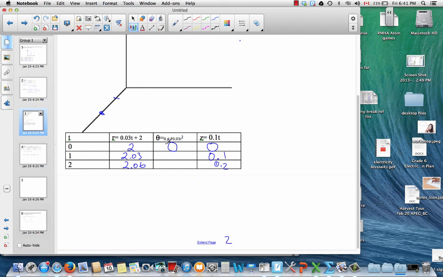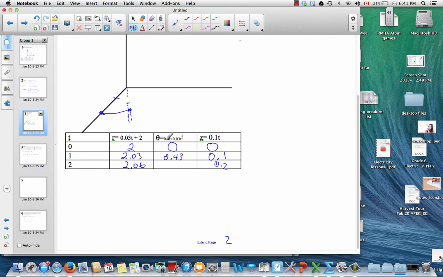Then at time 1, theta is 0.43, so that's about 24 degrees or so, so it's about heading out like that. Now the radius is still basically 2 units, and then we're up 0.1 above the xy plane. So we're kind of spiraling up here now.